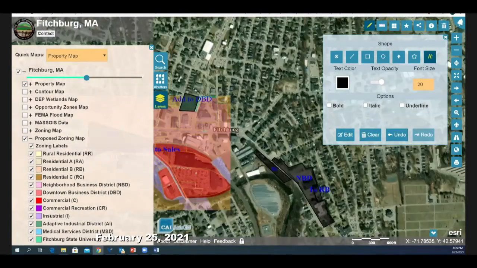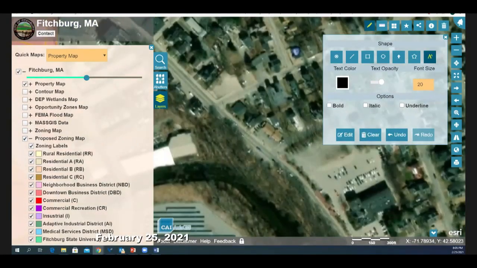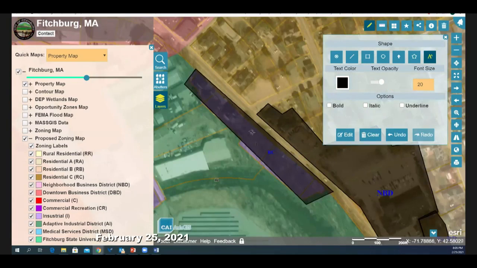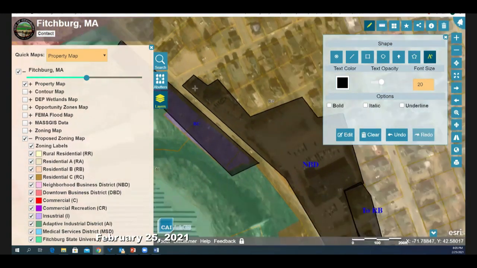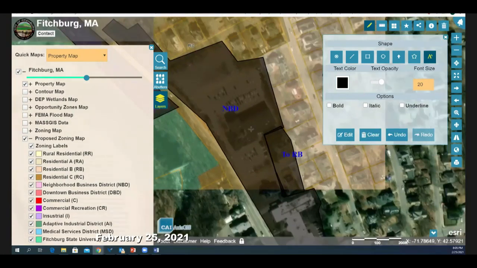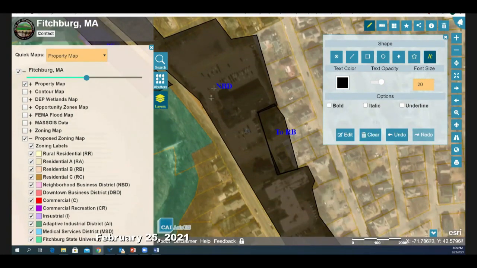Then we have, along the Summer Street corridor, a couple historic single-family houses that, because they're right next to Micron, are zoned industrial today. And the board had proposed changing that to RC. And then we have a series of properties along Summer Street that are currently zoned NBD, starting with the North Central Mass Association of Realtors building, and then heading up to this whole Summer Street office development.